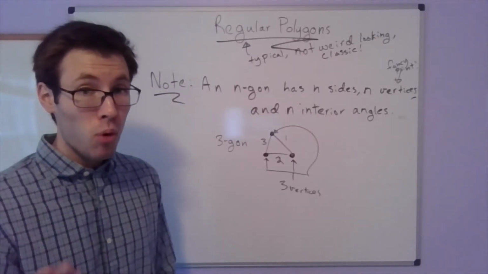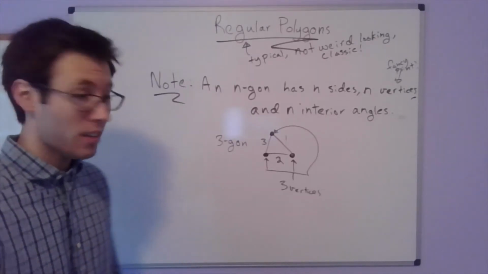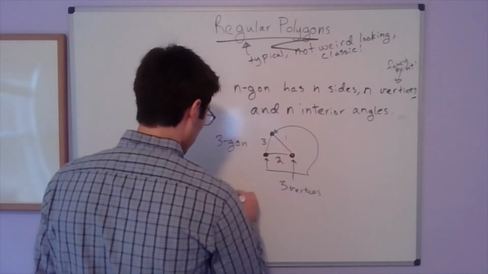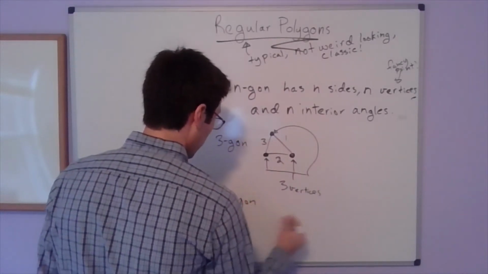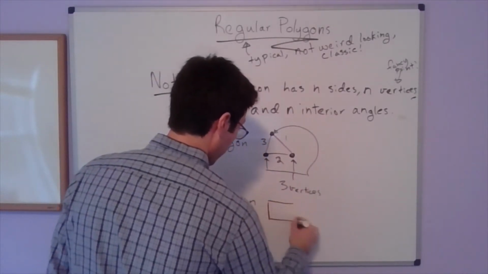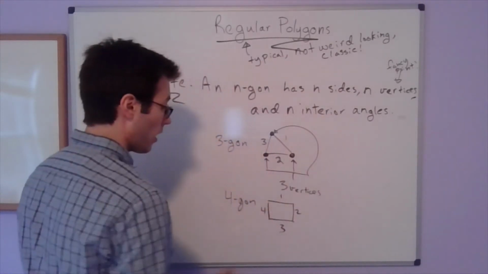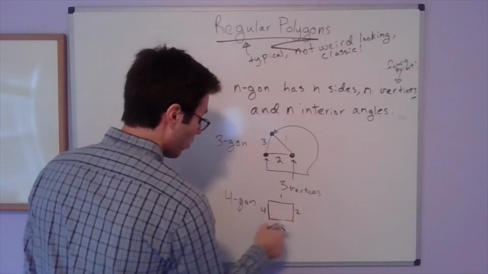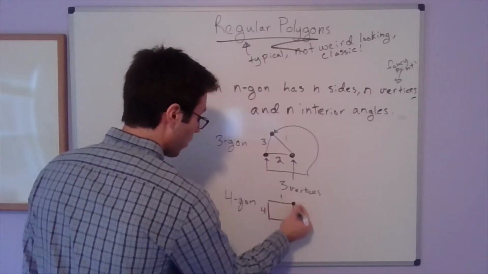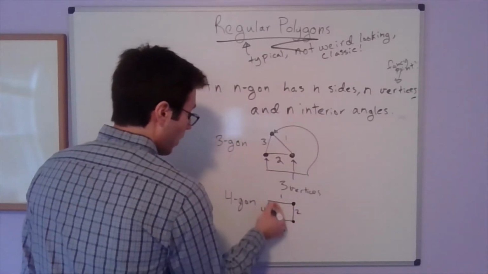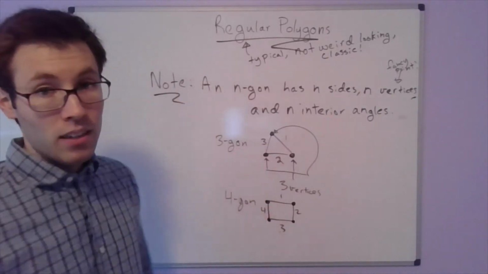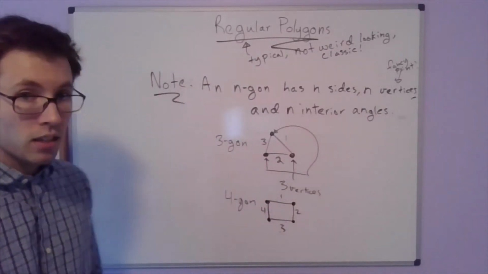It's important to realize that, because that also works with a four-gon. You have 1, 2, 3, 4 sides. You see 1, 2, 3, 4 vertices, points. It's the same thing, and it works for any polygon, any n-gon.